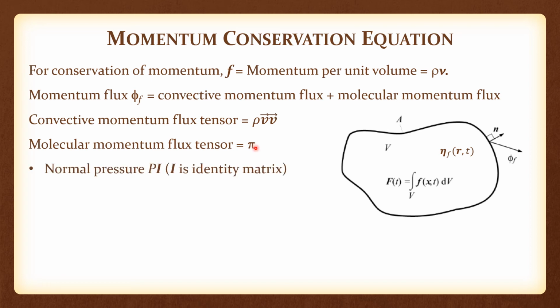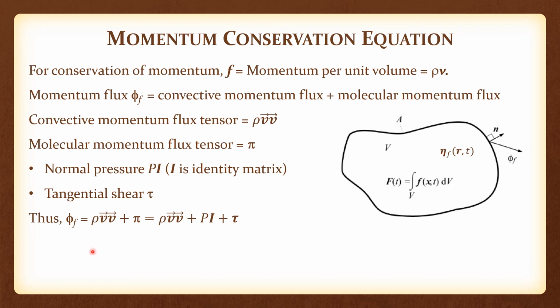Normal pressure, which is P times I, where I is the identity matrix, a unit tensor, and then tangential shear. So therefore your phi f is rho vv plus P I plus tau. This is your phi f, which is your momentum flux.